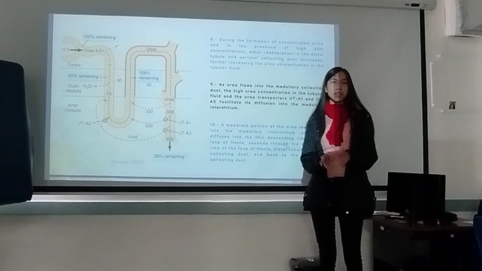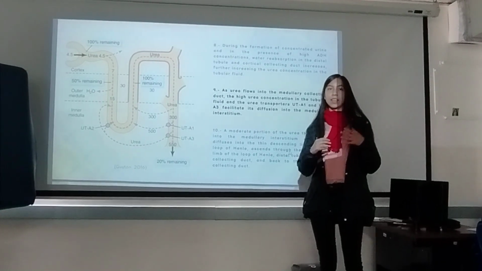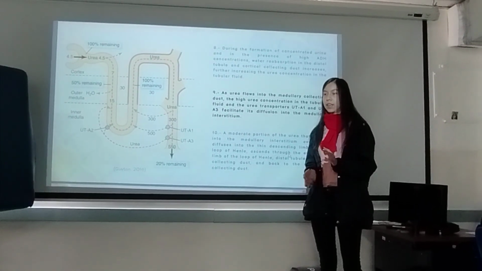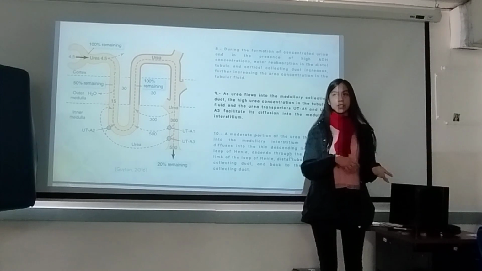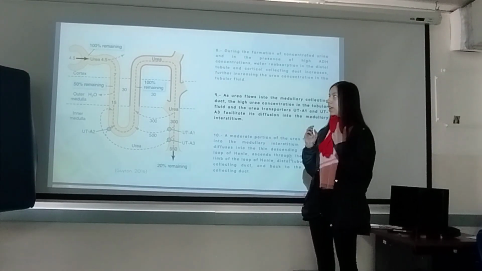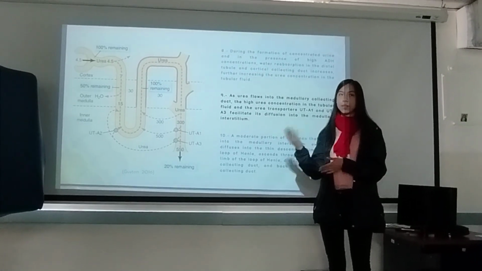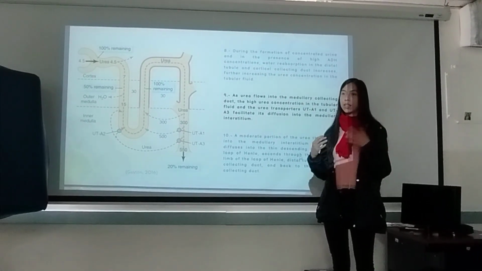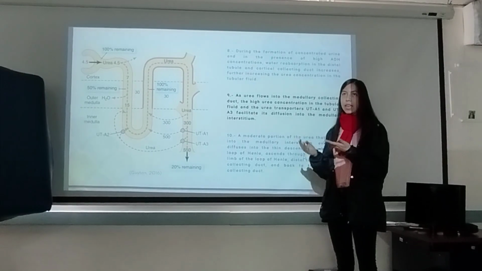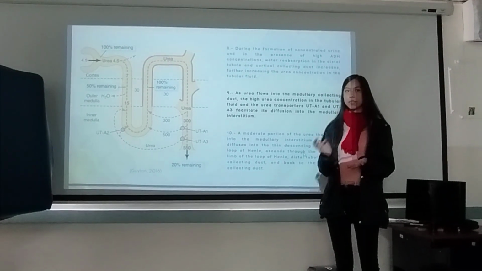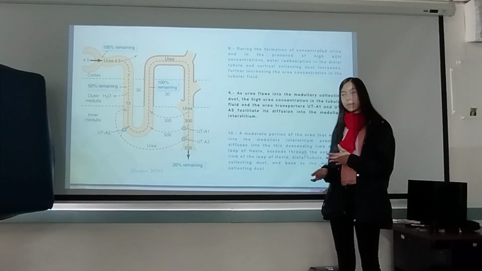Okay, so during the formation of concentrated urine, we have a high concentration or high level of ADH. And this will cause water reabsorption to increase in the distal tubule and in the cortical collecting duct. And this also increases the concentration of the tubular fluid.